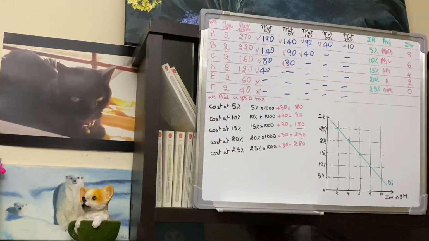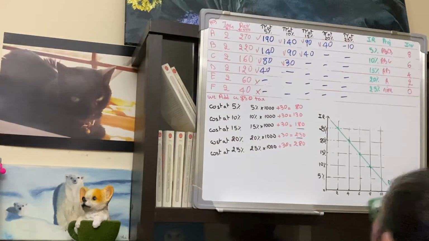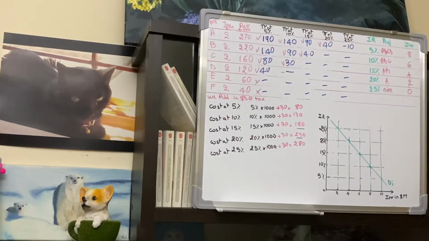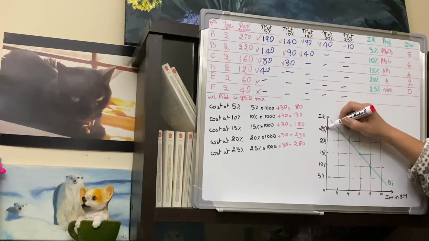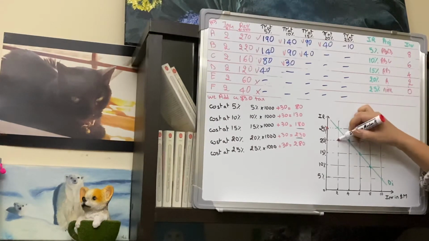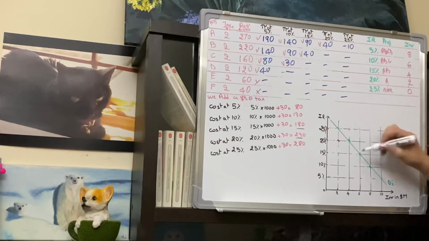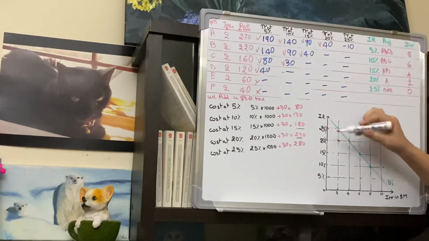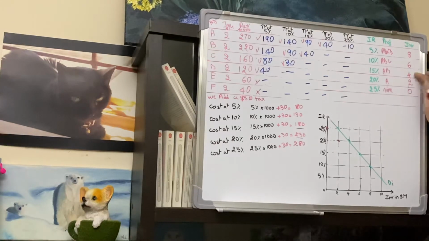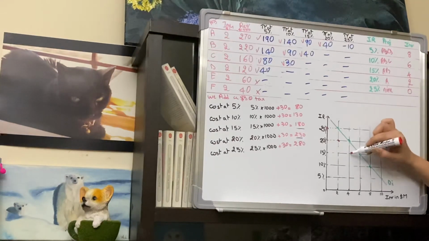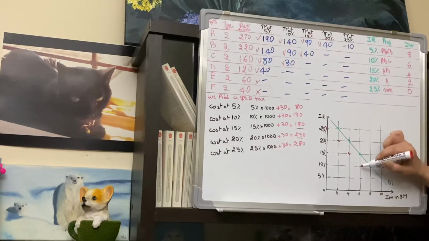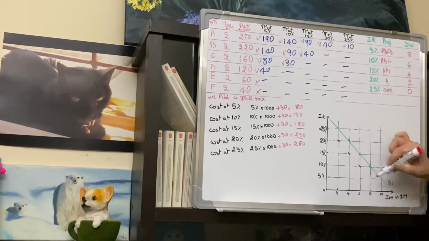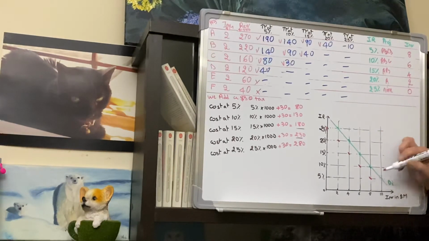What is left to do is simply to plot the new demand curve. So it's gonna go from 0, then at 20% I have 2. So 0, 2, then at 15% I have 4, at 10% I have 6, at 5% I have 8.